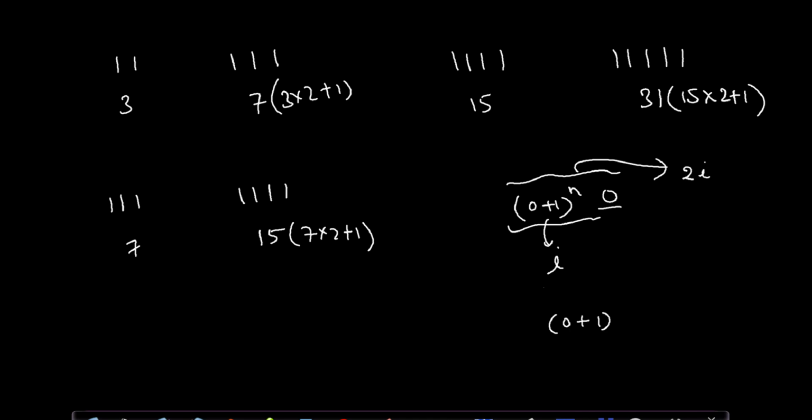If this is any binary string whose integer value is I, and you add 1 to it, then the whole integer value is 2i plus 1. Hope you get the point, right?